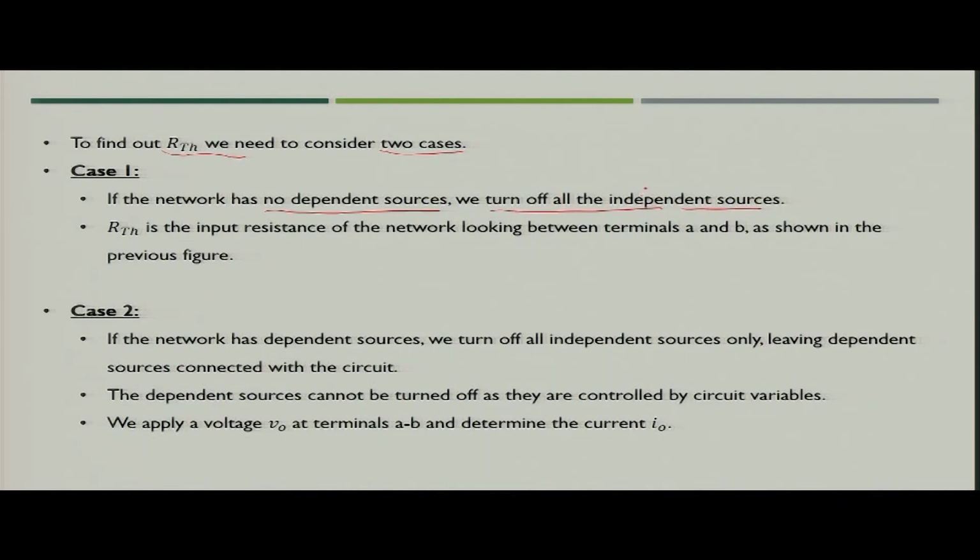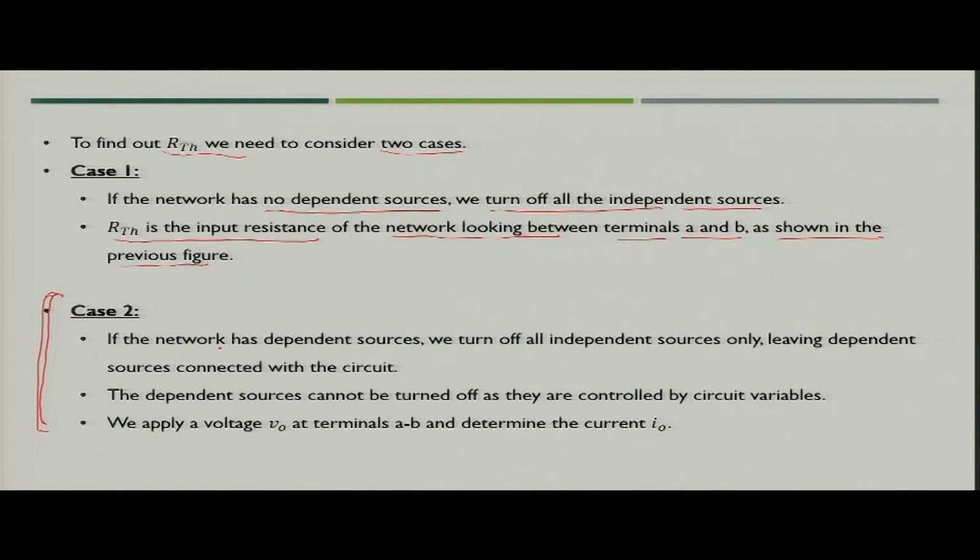Turn off means, as we just discussed, that the voltage source would be short circuited and the current source will be open circuited, and then Rth is the input resistance of the network looking between the terminals A and B, that was shown in the previous figure. Now, in this session we will discuss more about case 2.